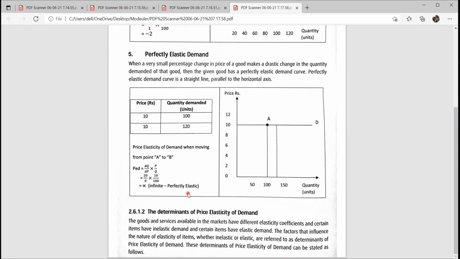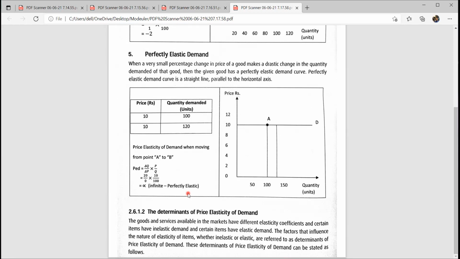Then perfectly elastic means very perfect substitutes. That means they are very unique. In other words, substitutes are identical goods. That's what perfectly elastic is. All the goods are homogeneous, identical.